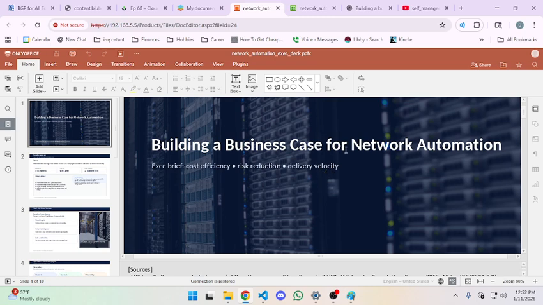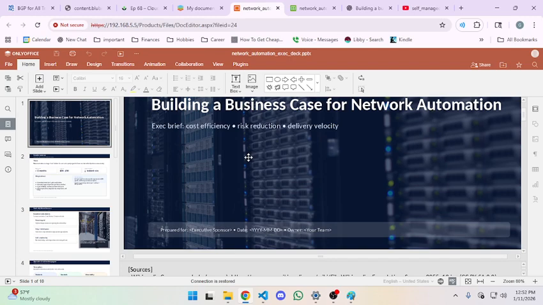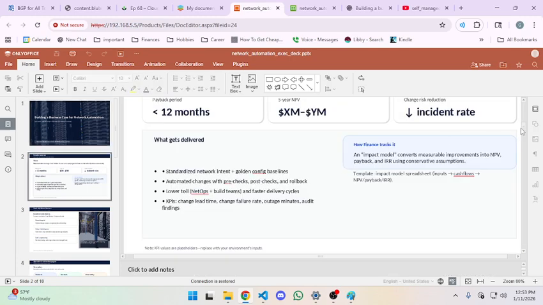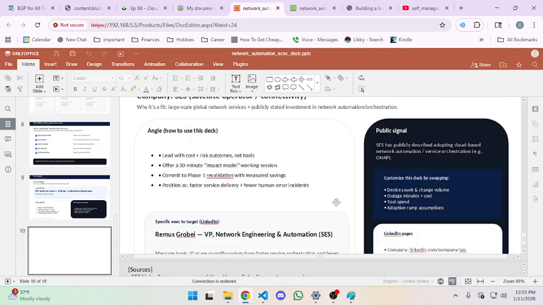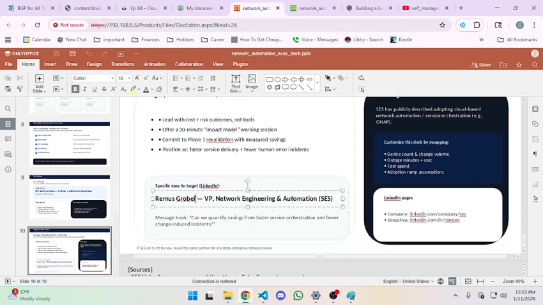Building a business case for network automation. This is the executive brief. So it's going to have cost efficiency, risk reduction, delivery velocity. So yeah, we'll fill it in. This is going to be for Remus.